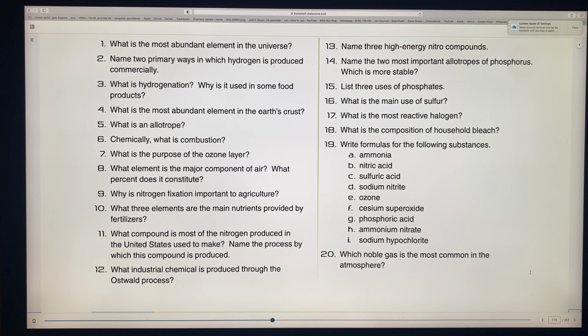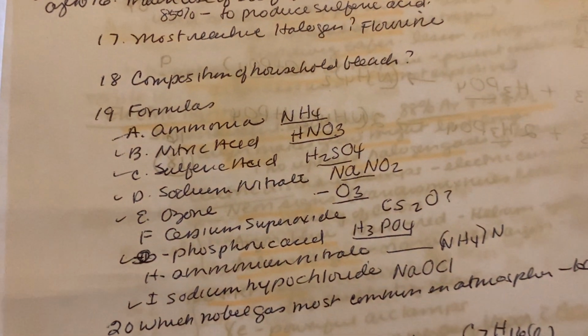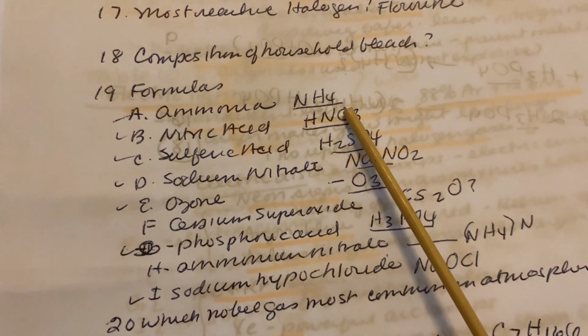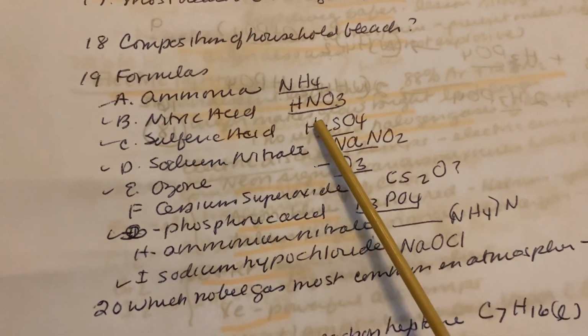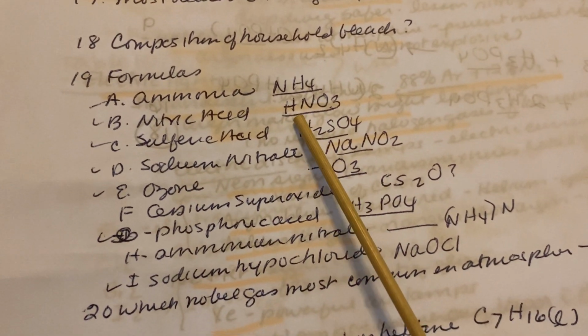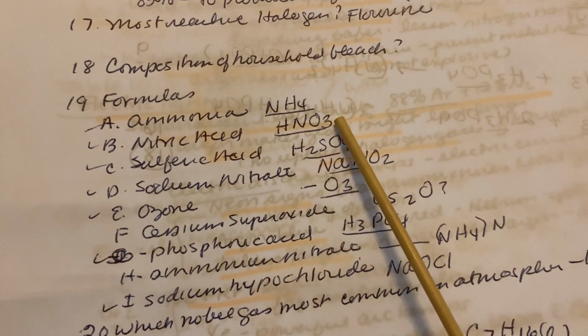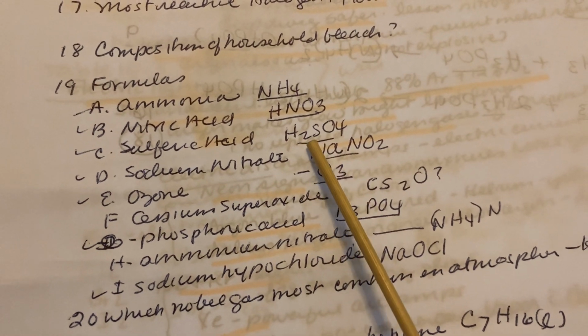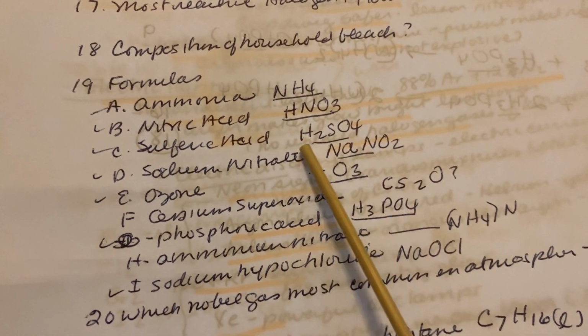So on to write these formulas. Let's see the formulas. I was going to go ahead and show you these. All right, there we can see it better. Ammonium, NH4. You can get these all from your nitric acid. Anytime you add an H hydrogen to nitrate, this is nitric acid here. Sulfuric acid, another acid, H with hydrogen sulfate.